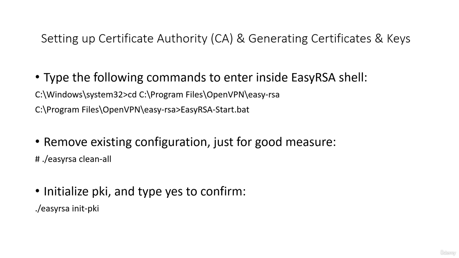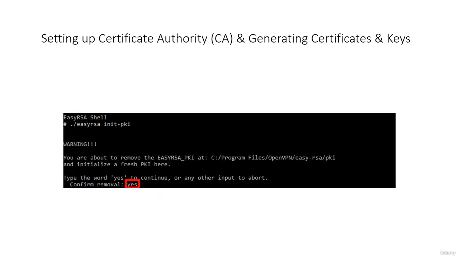After that we need to remove the existing configuration just for good measure. Simply type this inside your command prompt on Windows, and then we need to initialize the PKI, and the command prompt will ask you to confirm. As you can see, after typing the previous two commands it will look like this, and then type yes.